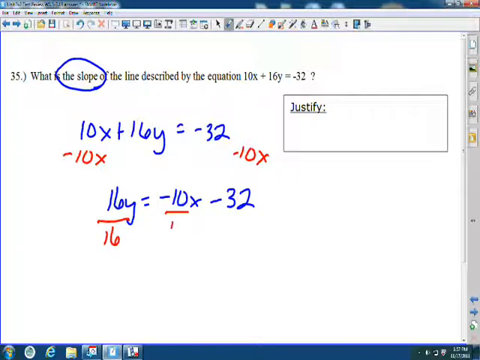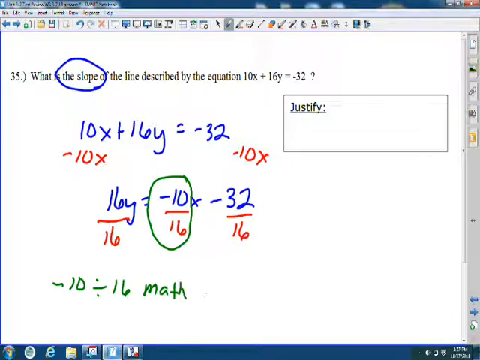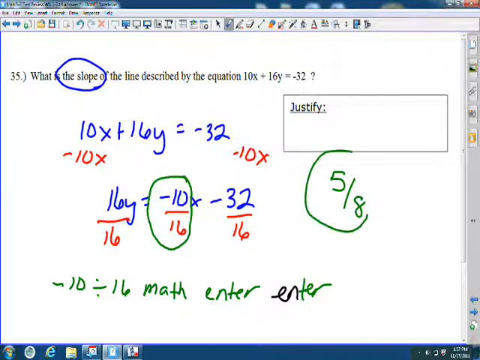Sorry. Now, this is my slope right here. Put negative 10, divide 16, and press math, enter, enter, and it will reduce it for you. Okay, well, if I divide each one of these by 2, I get 5 over 8. This is my slope.